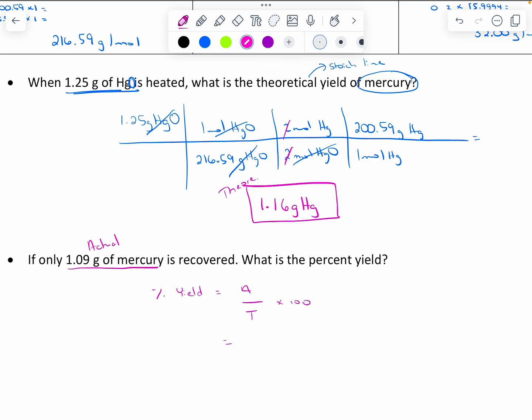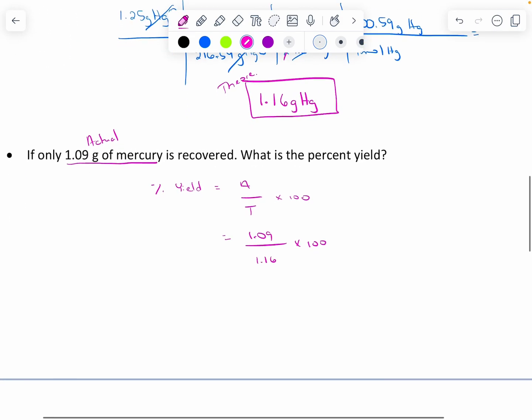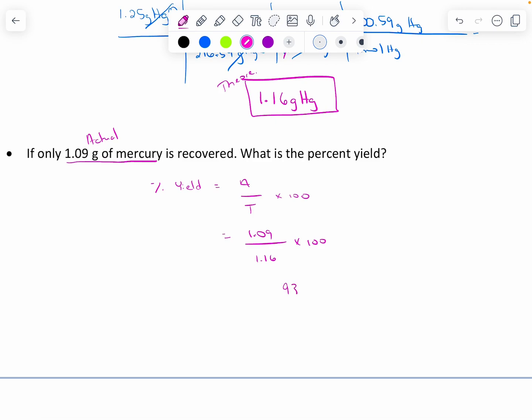Let's plug that in. We've got actual 1.09 divided by 1.16 times 100. We get 93.97. That is a pretty good reaction there, percent yield.